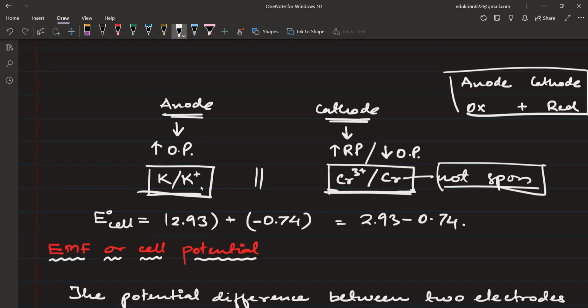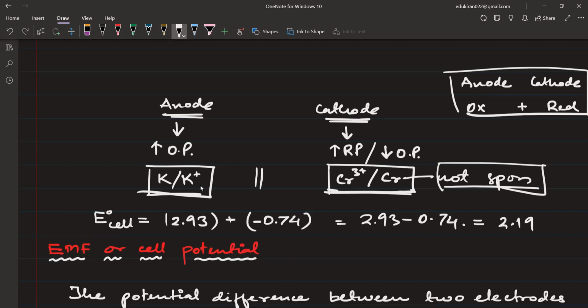And this value is going to be positive, right? 2.93 minus minus 0.74, how much will it be? It will be 2.19. Correct? Yes or no?